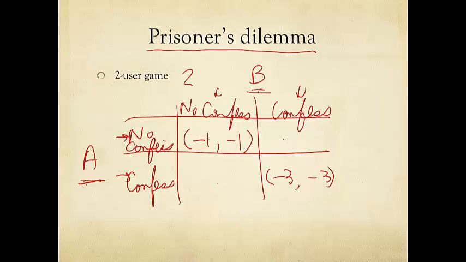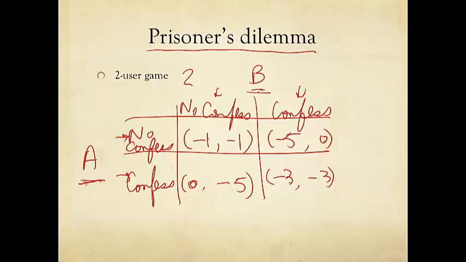Whereas if one confesses but the other does not, then the one that confesses will be rewarded and walk away free for cooperating with the investigation, and the other one will be left with a most severe penalty of, say, 5 years in the prison. And this is a symmetric game, so we also have this cell filled out exactly like this one.